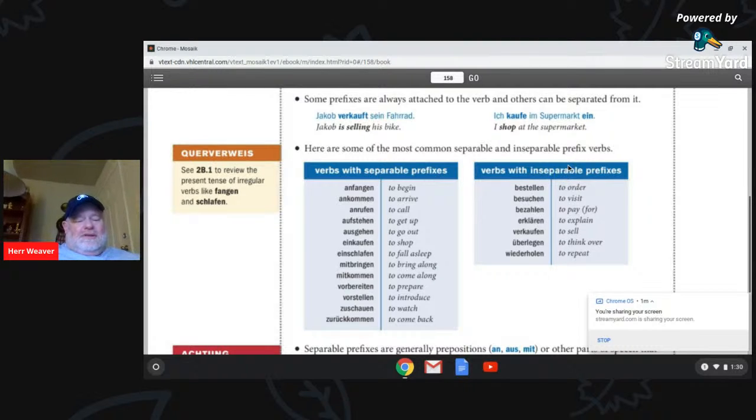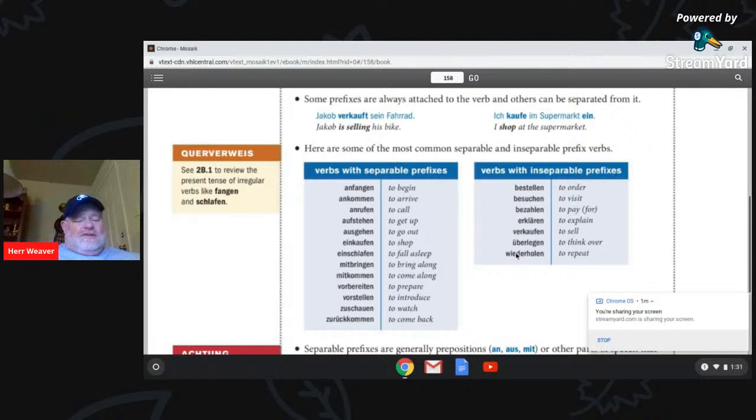Let's look at the inseparable ones. That means they don't come apart. The prefix stays where it is. You'll see the prefix like BE or ER or VER, or this one is über, or this one is wieder. After the BE, the ER, the VER, you're going to find a regular verb like stellen, suchen, zahlen, kaufen, legen, holen.